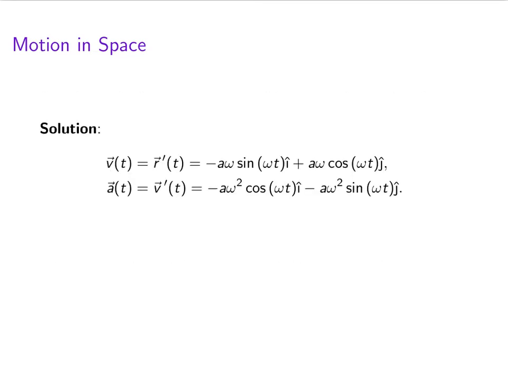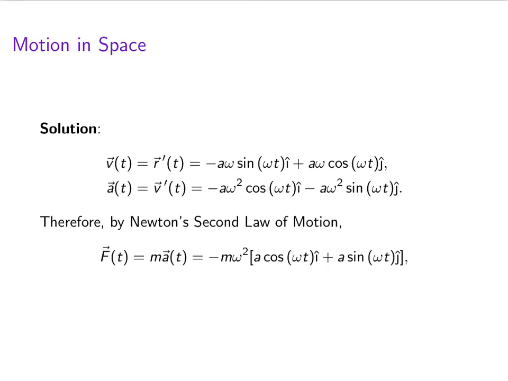Once we have the position function, we differentiate a couple of times to get the velocity and acceleration vectors. Now let's use Newton's second law of motion. That says that the force is equal to the mass times the acceleration, so we take our acceleration vector and multiply by m.